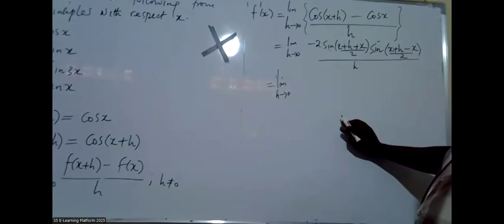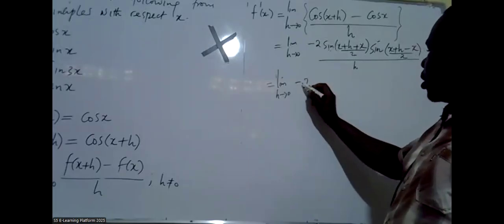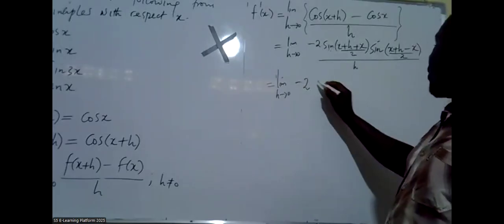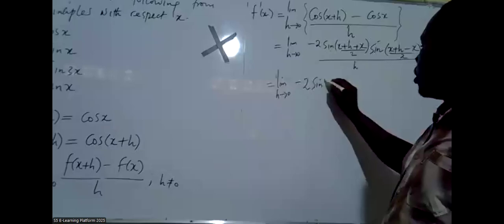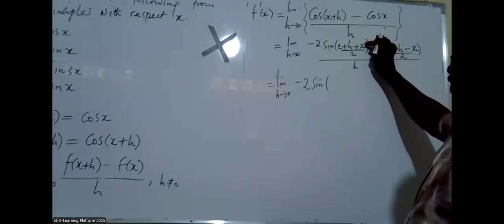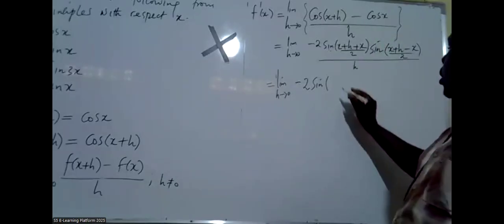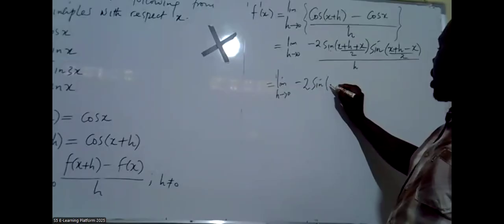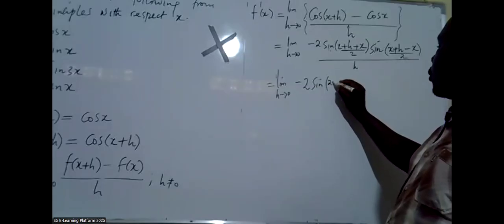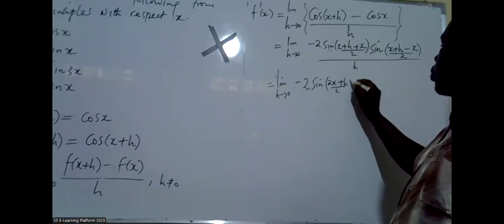So I have the limit as h tends to 0 of negative 2. Do not forget that negative. Sine of the first angle: x plus x gives us 2x, divided by 2, so you can write 2x plus h divided by 2.